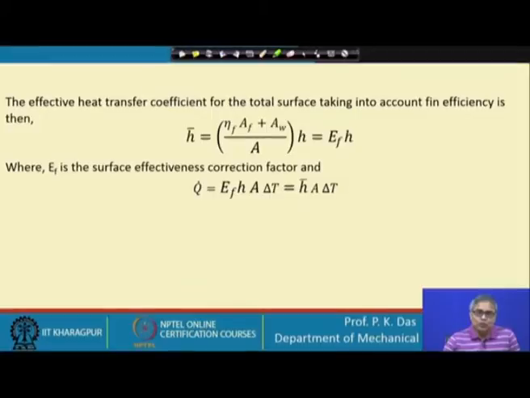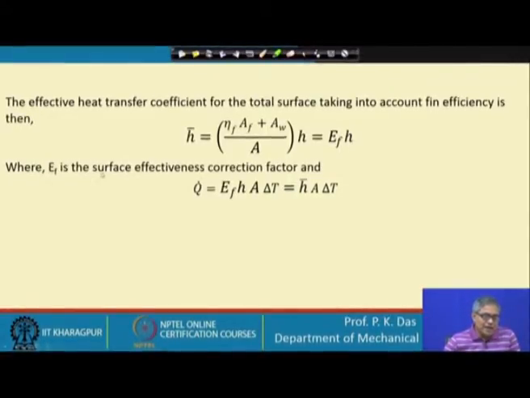Alternately, we can think that the heat transfer coefficient for the entire surface is not equal, and we multiply that heat transfer coefficient with a factor called E F, giving the effective heat transfer coefficient.